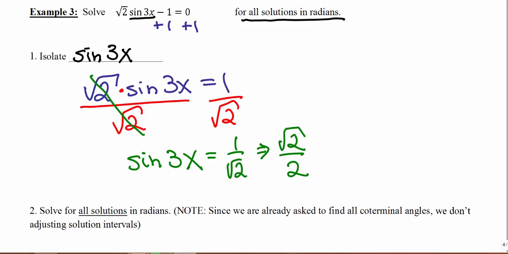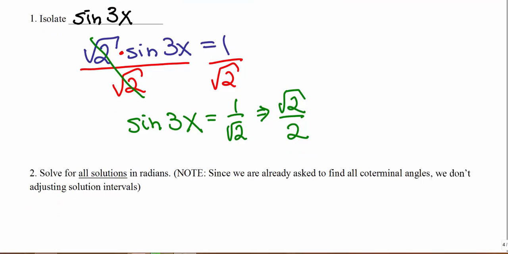Now, we do not have to adjust our solution intervals here because we don't have a specific interval that x must be within. We're solving for all possible solutions. So first we're going to describe 3x. What does the angle 3x have to be that if I take the sine of that angle, we get square root of 2 over 2?